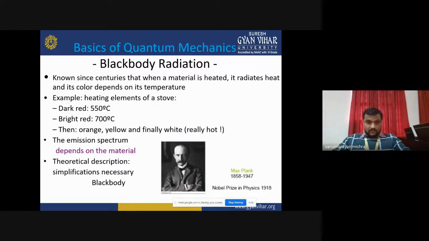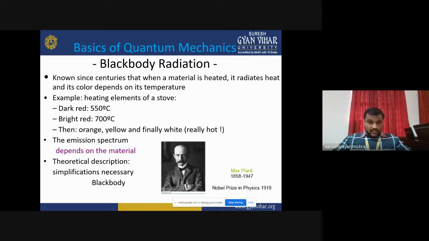Okay, black body radiation is very important. It is also the basis for quantum mechanics. When a material is heated, it radiates heat, and the amount of radiation released from that object depends on its temperature.